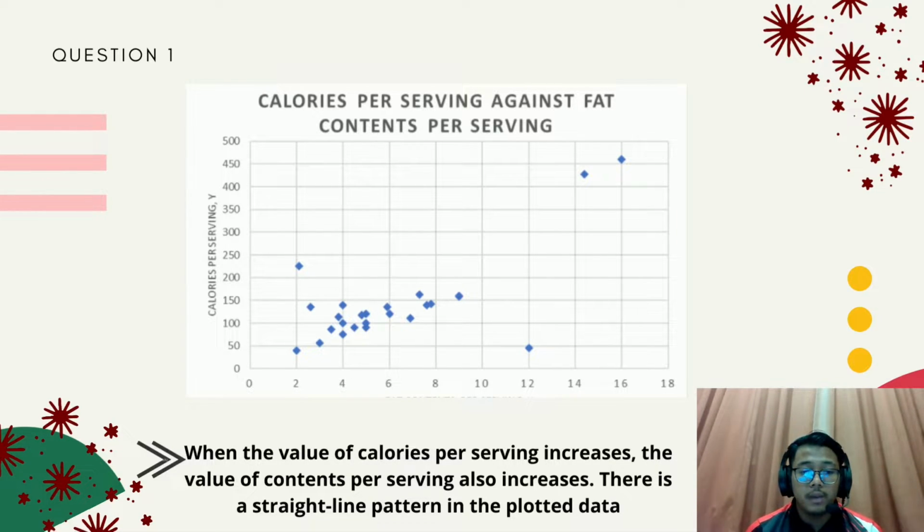The relationship between calories and fat content is that when the value of calories per serving increases, the value of fat content per serving also increases. There is a straight line pattern in the plot data. That's all for the answer to question 1.